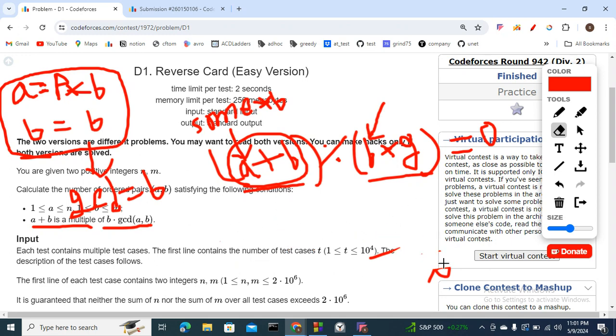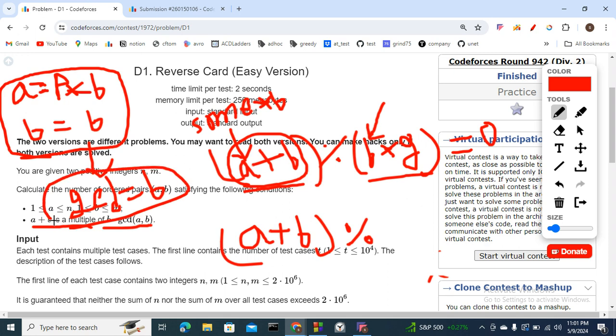So GCD is b. We can write the equation as (a plus b) mod (b times GCD) equals 0. We have seen that GCD is b, so b times b, which is b square.